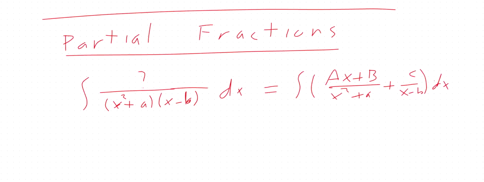And then use your partial fraction stuff to try to solve for your capital A, your capital B, and your capital C. And then hopefully you can do these integrals in a little bit more straightforward manner. But splitting up to have addition or subtraction between fractions is a lot easier than doing multiplication between fractions.